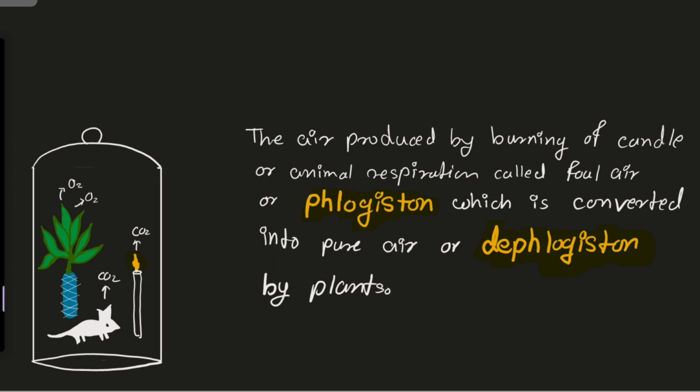So the air produced by burning of candle or animal respiration, he called phlogiston. This word is important. Phlogiston is converted into pure air, or dephlogiston, by green plants.